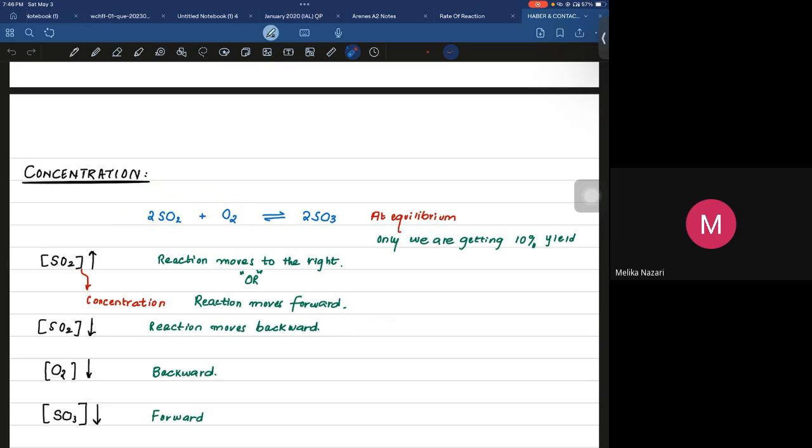Then I'm saying I am going to decrease the concentration of oxygen. After doing this, the reactant side would be at a lower potential. He would be asking whether the reaction moves forward or backward.